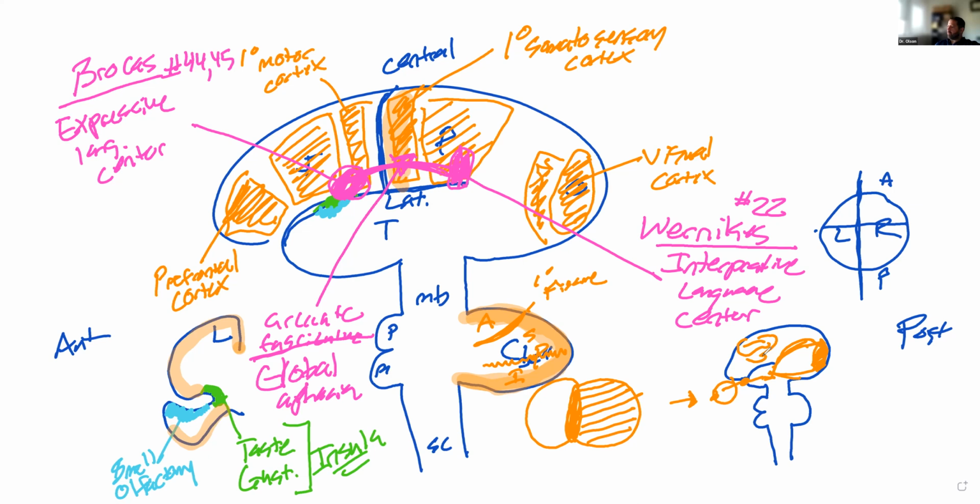Okay, so these folds, right? These smooth folds, and then we have these sulci and fissures that run around in the brain.